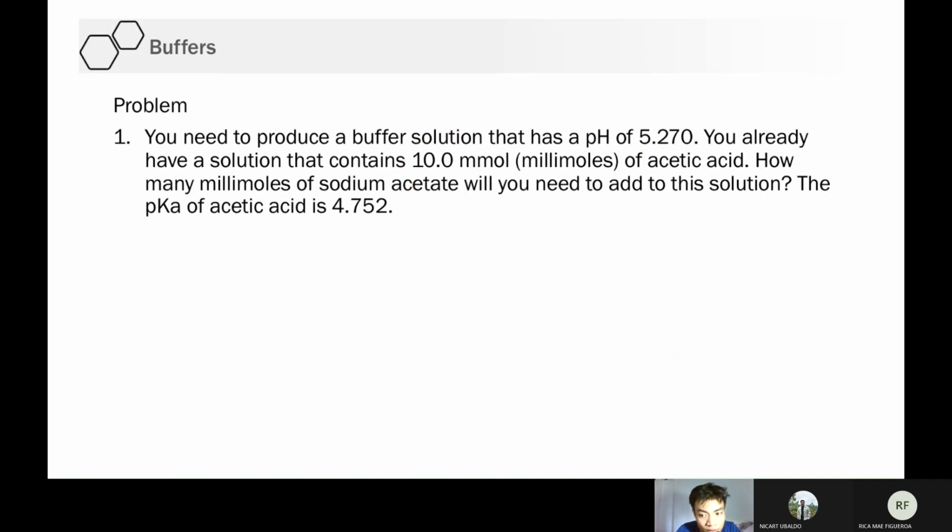Okay, para mag-make sense yung numbers, isulat natin yung equation. Okay, so yan. So this is the Henderson-Hasselbalch equation.